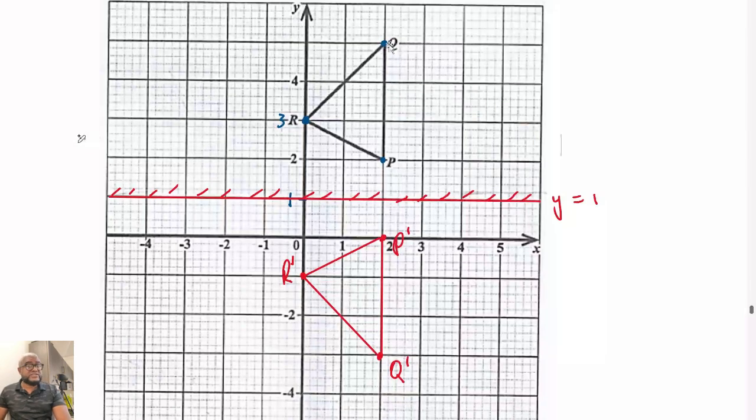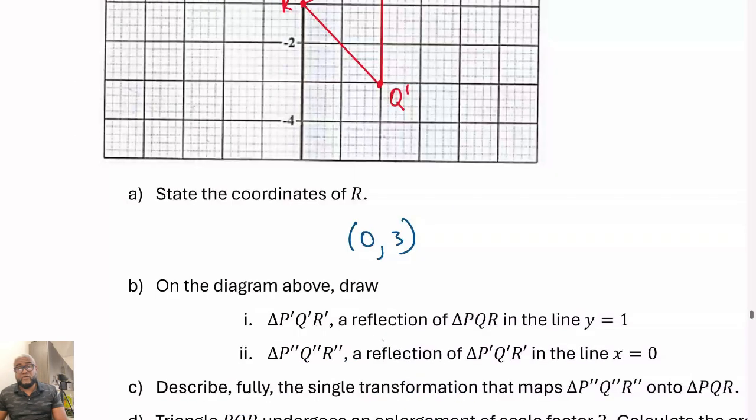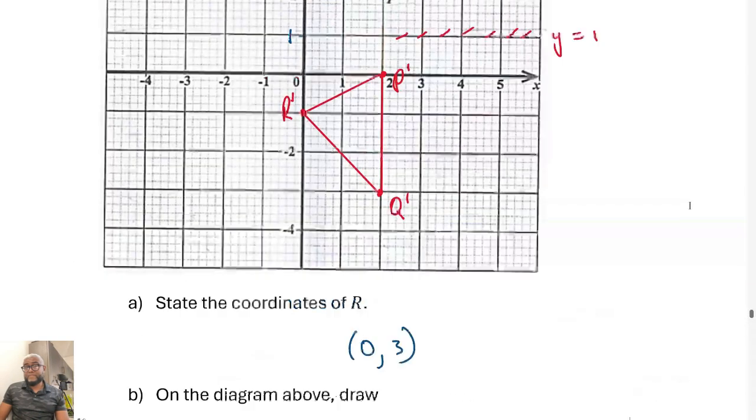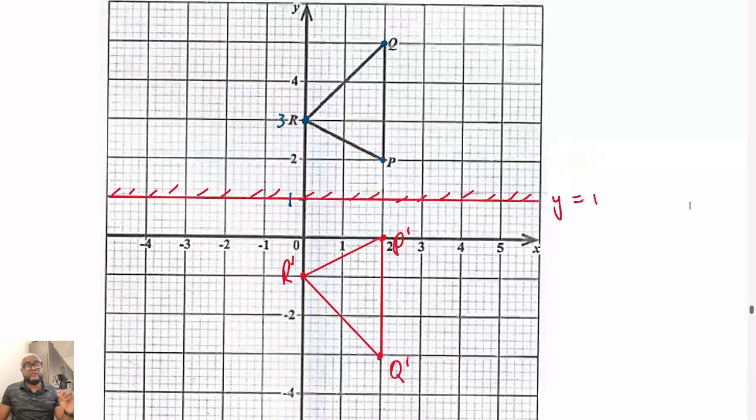This is 1, 2, 3, 4 centimeters away from the reflection line, so it'll be 4 centimeters underneath here. 1, 2, 3, 4. So this here would be my reflection of PQR in the line y is equal to 1, right? The reason we use "in" for reflection is because when you look at a mirror, you see a reflection in the mirror. So it's the same terminology.